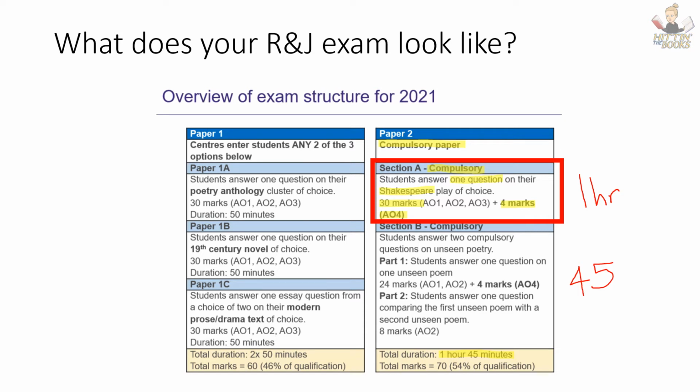You will also get an extract from the play, printed on the exam paper, that you will refer to. I will go through that in the next few slides in this video.